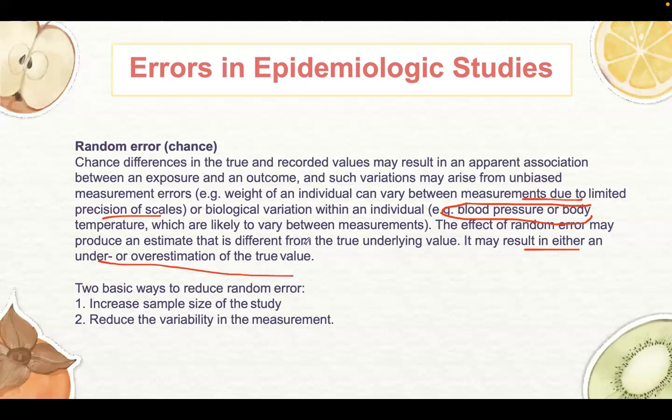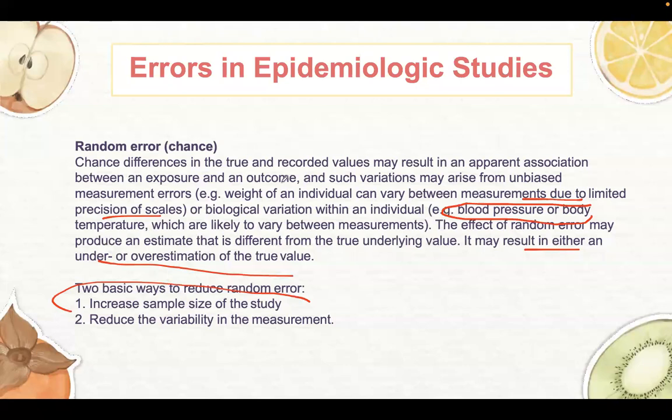However, meron pong 2 basic ways to reduce your random error. Number 1, you have to increase the sample size of the study. Ma'am, bakit po sabi ninyo meron pong computation ang ating population if ever na mag-conduct po kami ng study?